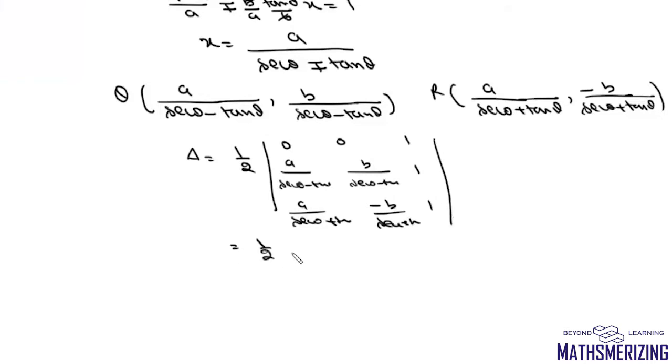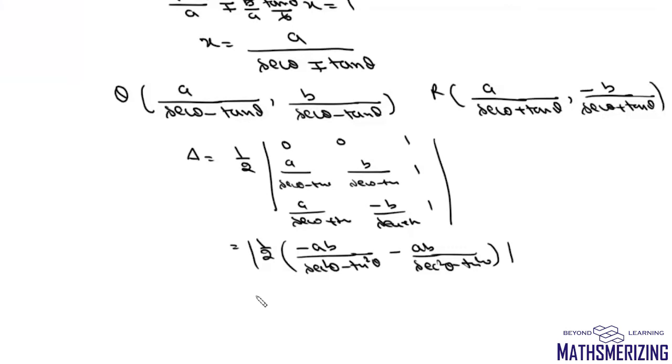Now we'll expand this determinant. We'll get 1 by 2, and here it will be minus AB times secant square theta minus tan square theta, and then minus AB times secant square theta minus tan square theta, and with a mod sign.